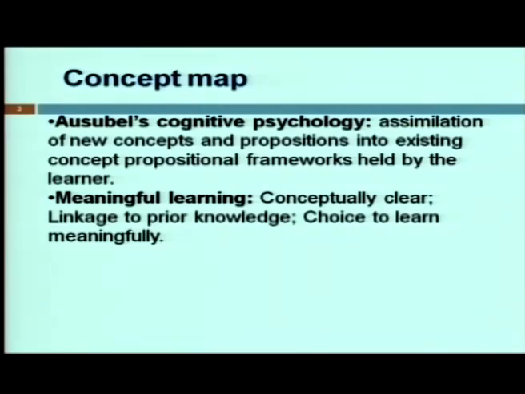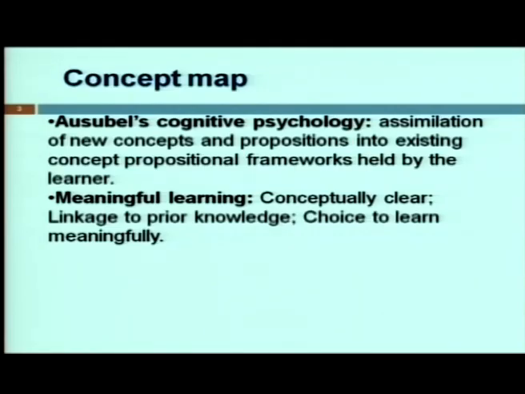And as a child grows, by growth and teaching, learning in schools, colleges, university, family, and elsewhere, with peers also, the existing concept propositional framework that the individual student has would be enhanced by assimilation of new concepts and propositions.